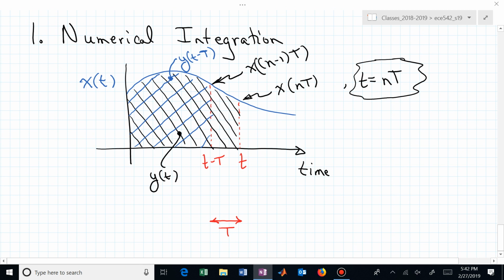Here's the picture, and you can see that I've indicated a couple of different time instances on that plot on the horizontal axis.